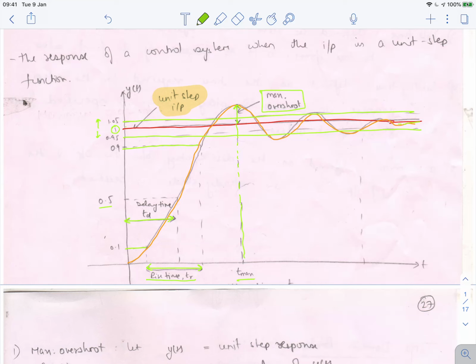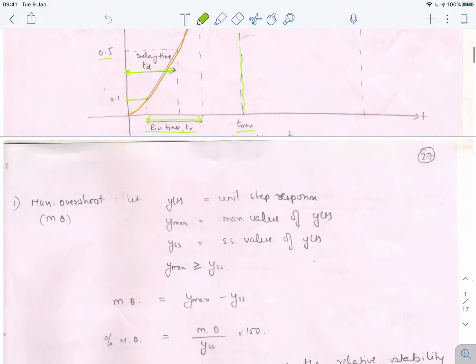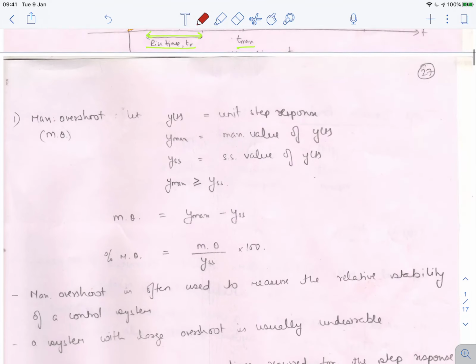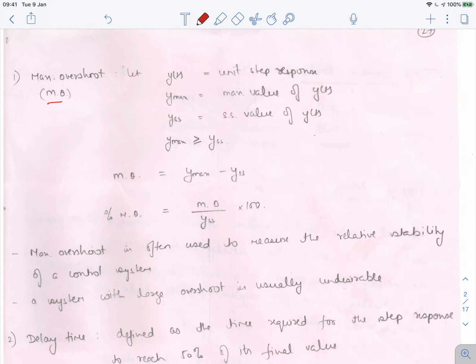Okay, so these are some specifications to identify from the response of the system. Let's see the maximum overshoot, which we call MO. y of t is the unit step response. Y max we define as the maximum value of the signal y of t, which it achieves at t max.